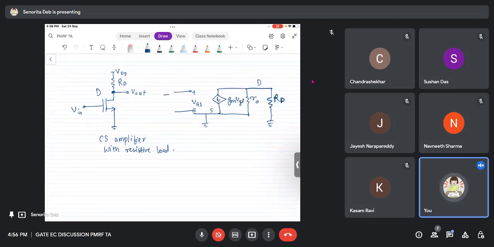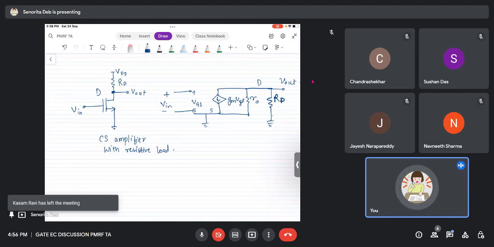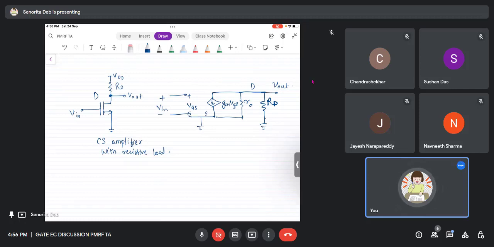So VDD becomes 0 volts. Okay, and here there is some signal V in being applied, which is a small signal, and V out, which is again a small signal, and whatever the DC bias will be, that has become 0. Okay, so this is the simplest one.